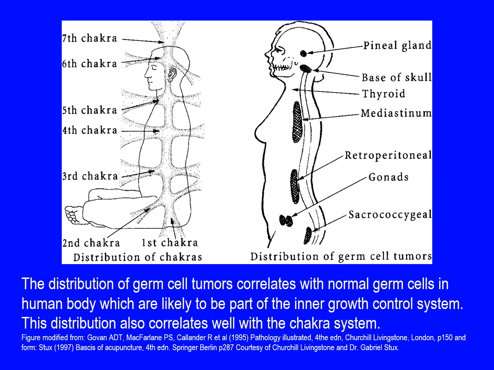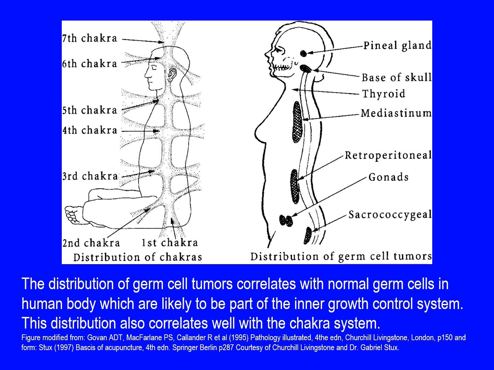So here's a diagram showing the similarities between the chakra system and the germ cell distribution. The germ cell tumor tends to distribute along the midline of the body and concentrate at 7 locations: the pineal gland, the base of the skull, the thyroid, the mediastinum, retroperitoneal region, the gonads, and the sacrococcygeal region, which is similar to the 7 major chakras.